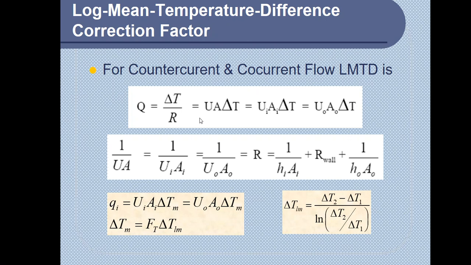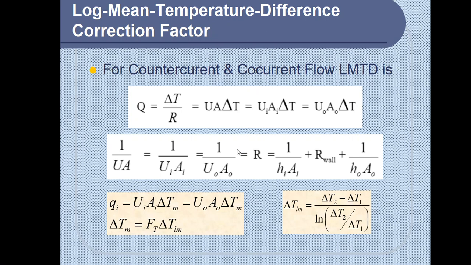Whether we have this formula or a formula based on the inside part of the tube or the outside part of the tube, all of this should be the same, in the same way that the ratio of 1 over UA should also be the same. Now, 1 over the product of UA is actually equal to the R.